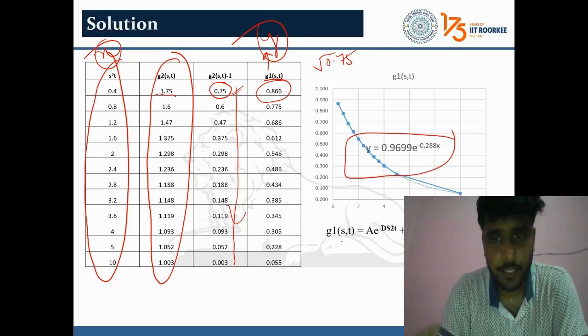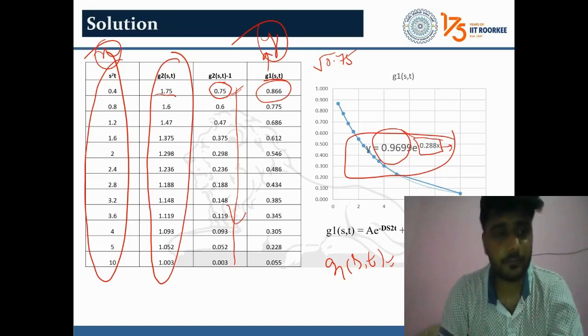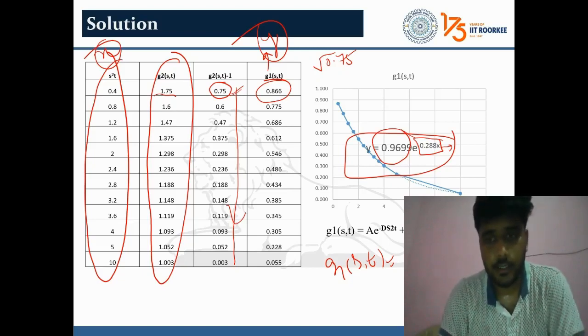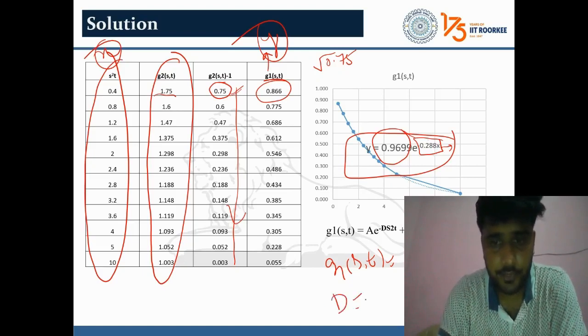On the y axis is g1 st, and because we have put s squared t on the x axis, this value is the diffusion constant value.